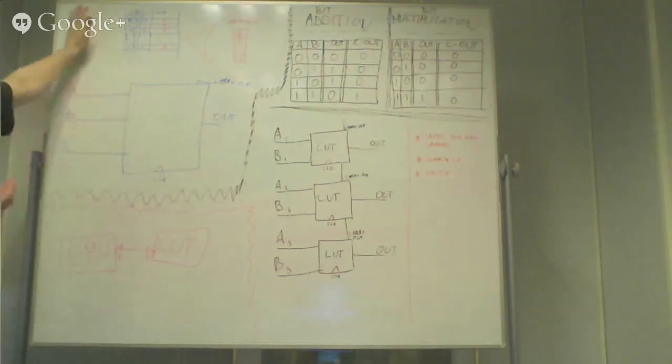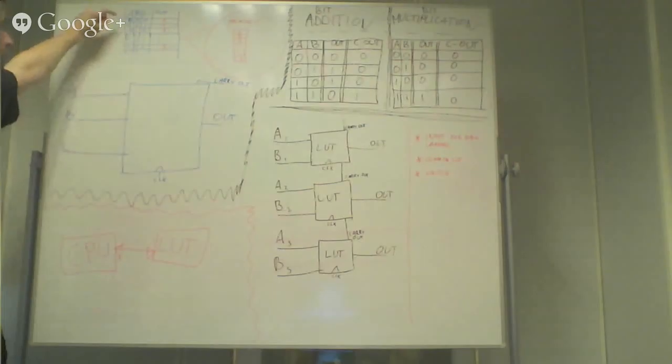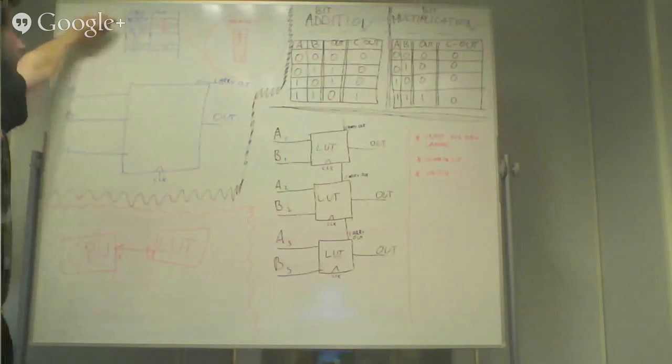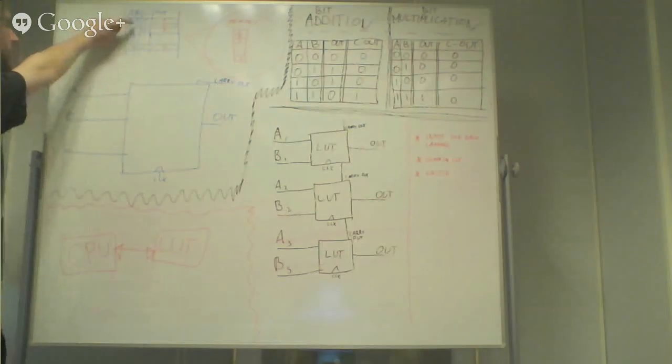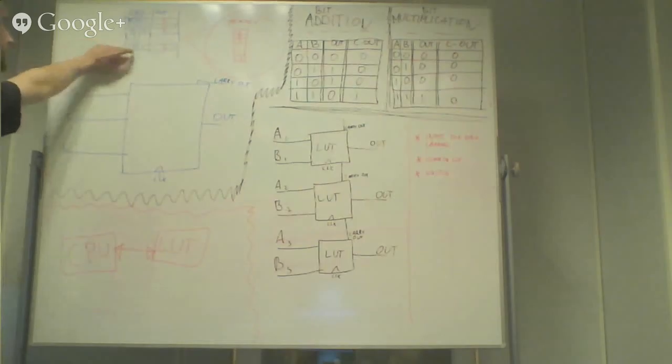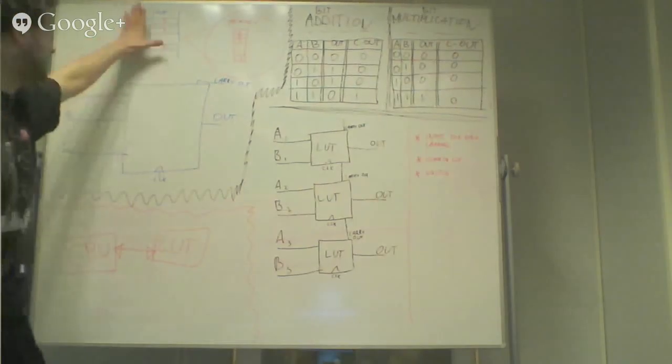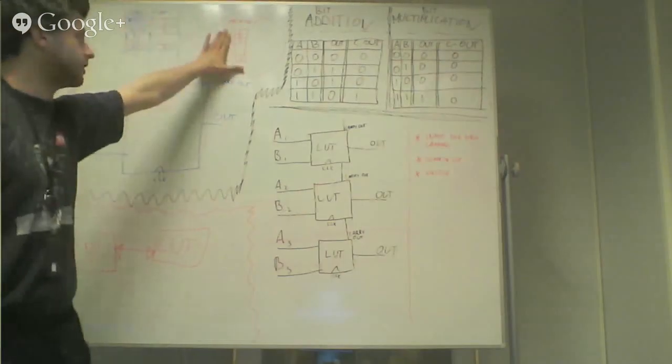So in this specific example, I have chosen that if A, B, and C are 0, then the output will be 1. And if A is 0, B is 0, C is 1, then the output is 0. And if A is 1, B is 1, and C is 1, then the output is 1. The point being that these values are stored in a memory location.